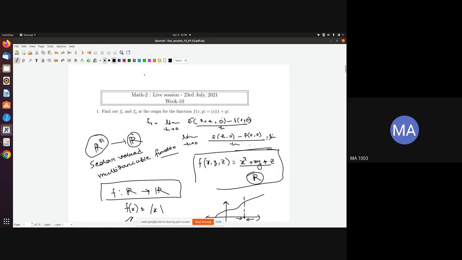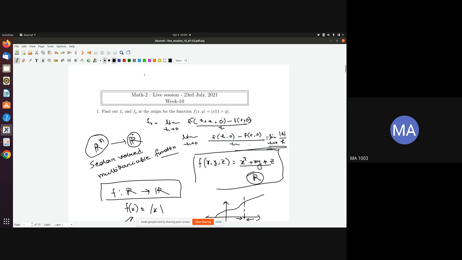So it is limit h tending to 0, mod h by h. Now does this limit exist? No, sir. We have two cases, and both cases give us different answers for the limit. Exactly. So when h tends to 0 plus, from the right-hand side, we calculate the increment from the positive side of the x-axis.